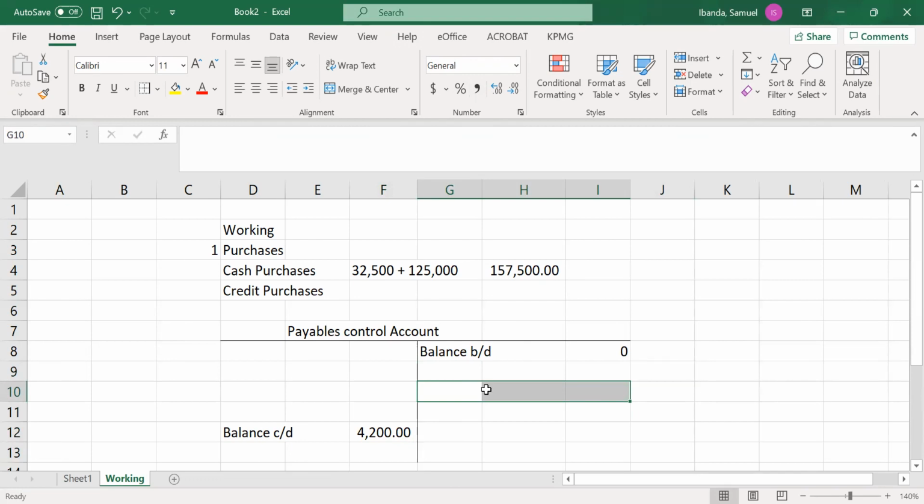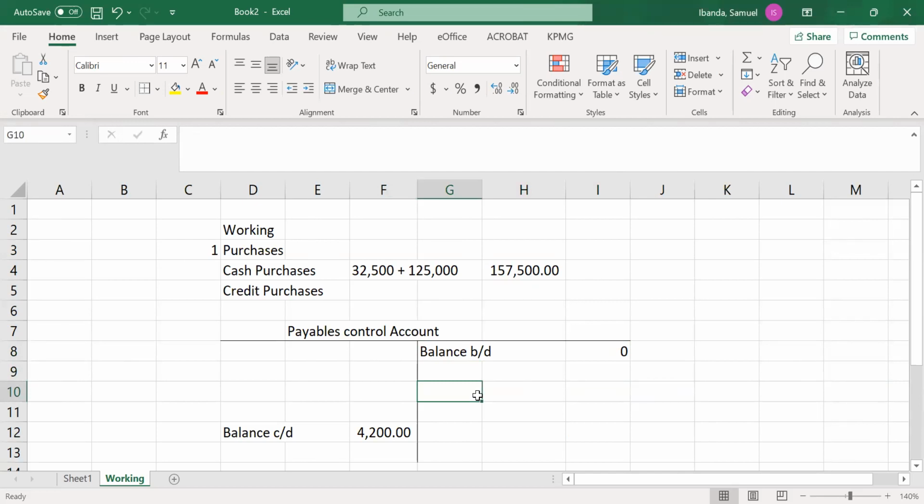So after you filled this, you then ask yourself two things. What increases my account and what reduces my account? You get it? So let's see what increases our account. Now, if these are balance brought down, basically ask yourself what increases your liability.